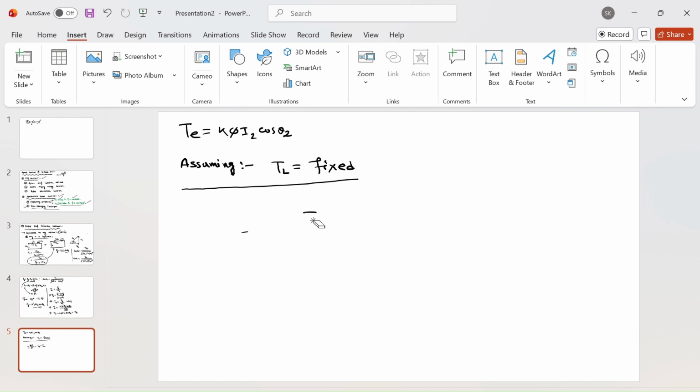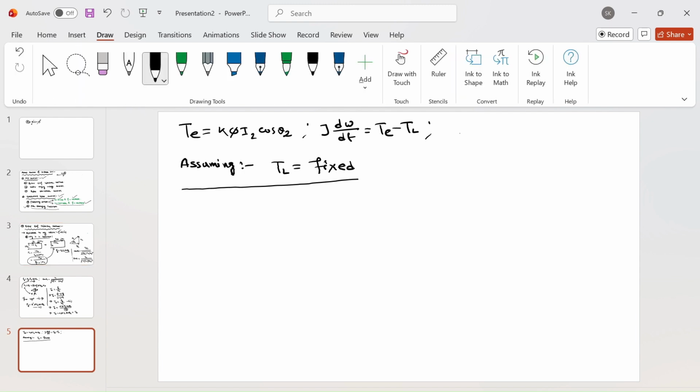Maybe I can write these equations on the top here. J d omega by dt equals TE minus TL, and also the power factor cos theta 2 equals R2 over the square root of R2 squared plus (S X2) whole squared.